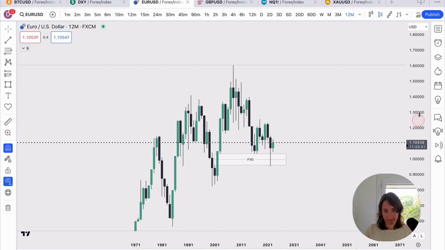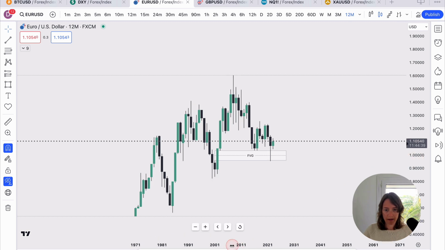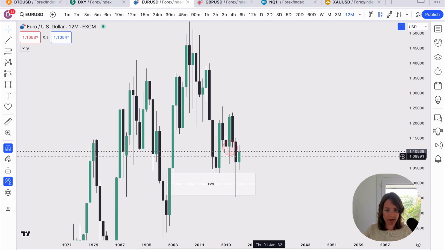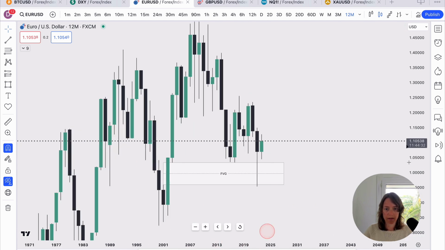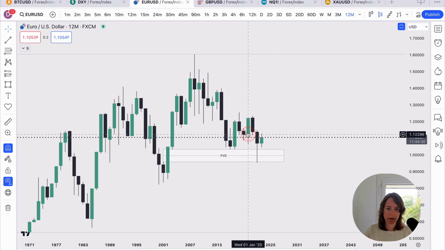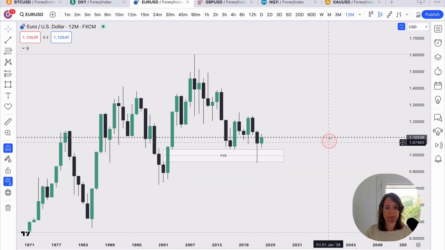Looking at this, we also had a really tight yearly range, because this whole candle was the whole year, right? Look at this, it's one of the smallest. This was smaller, but it's one of these smaller candles.